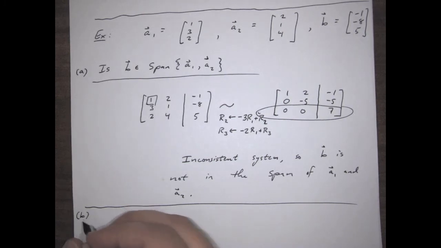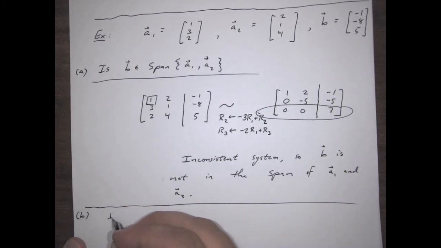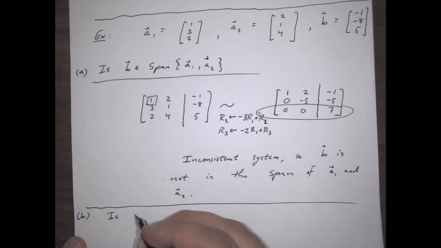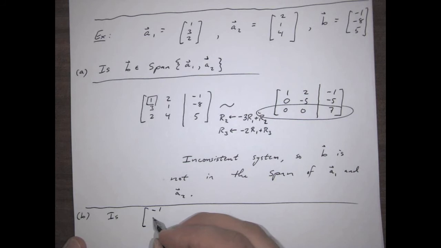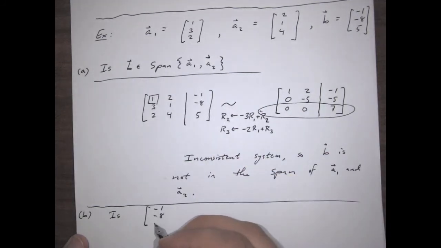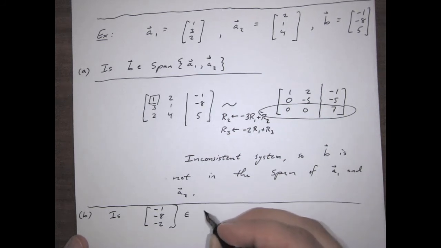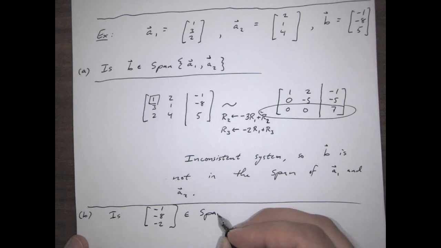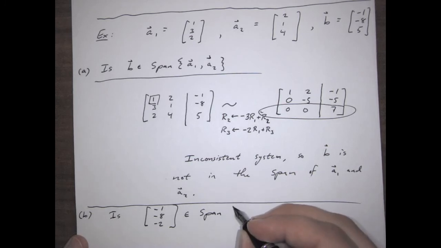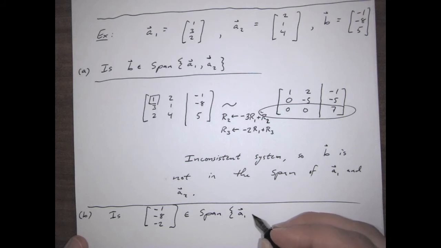Let's see, B is, and now let's take -1, -8, and then -2, in the span of those two vectors, A1 and A2.